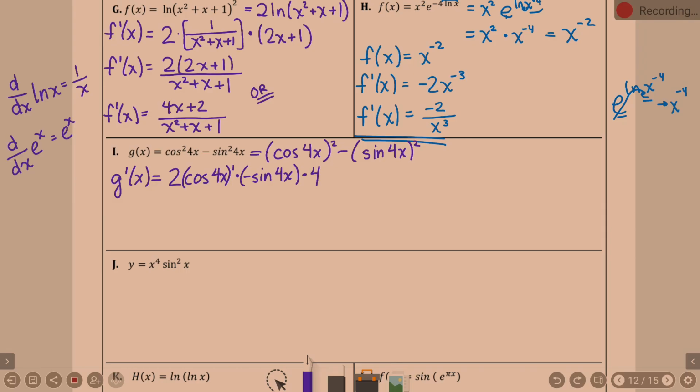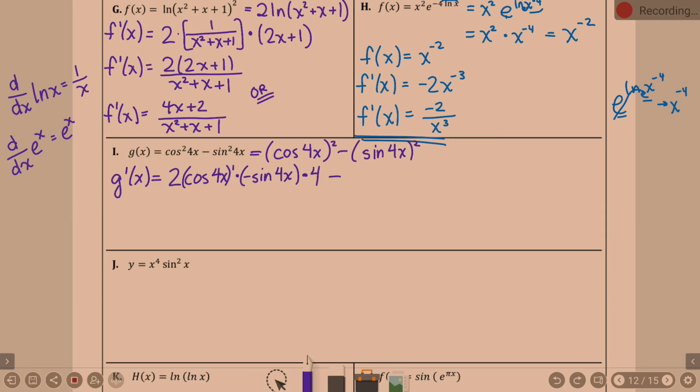Okay, minus. Same thing on the other one. That whole thing is minus. It was a minus in the original problem. But can you put parentheses on that thing or no? I will have parentheses here in a moment. Okay, so sine of 4x raised to the second power.